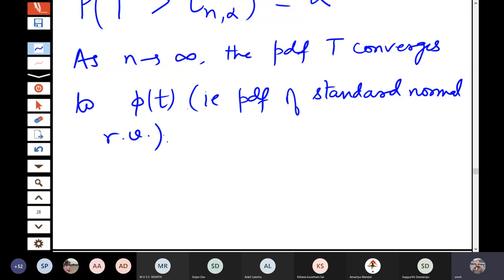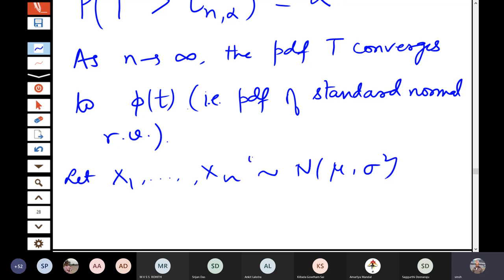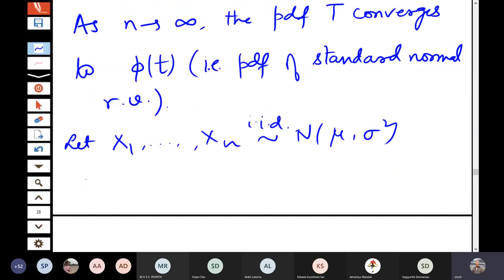Now let us also look at a random sample from a general normal distribution. Let x1, x2, ..., xn follow normal mu, sigma square. So we have a random sample from a general normal distribution. Then root n (x bar minus mu) by sigma follows normal 0, 1.